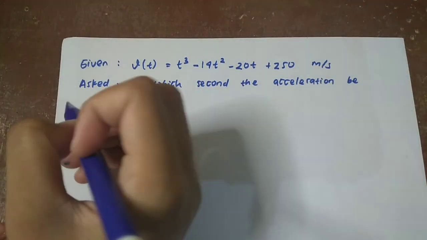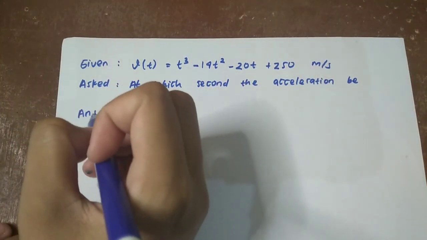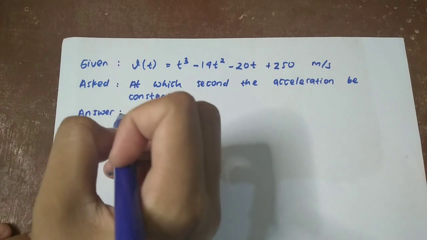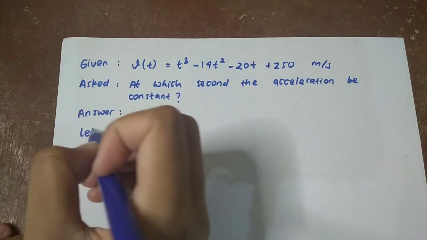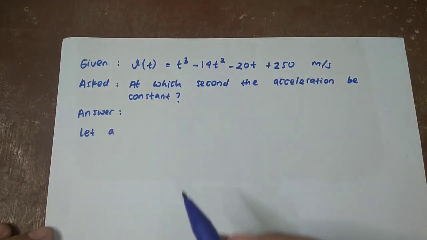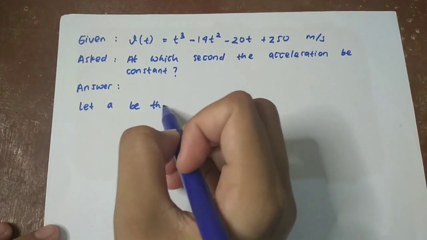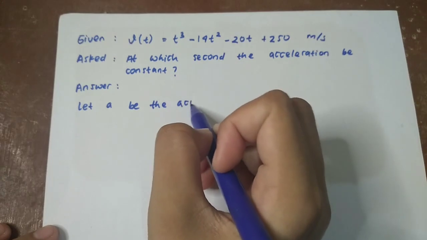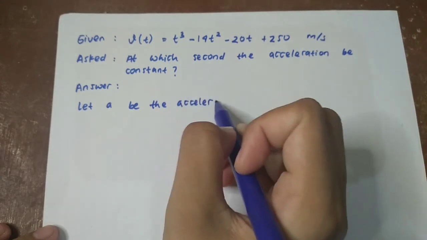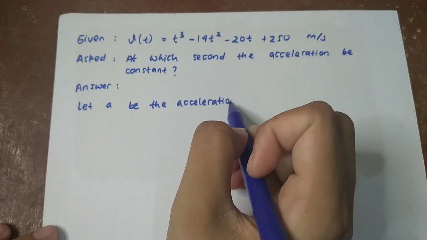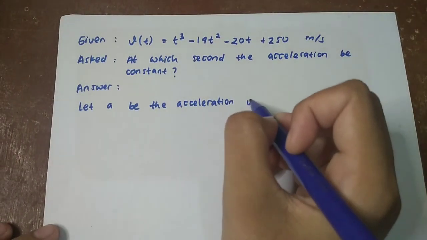For answering this problem, we can use the derivative concept. We know that the derivative of velocity or speed is acceleration, right? So if we want to find the acceleration of the car, then we have to derive the velocity. Okay, let a be the acceleration of the car.